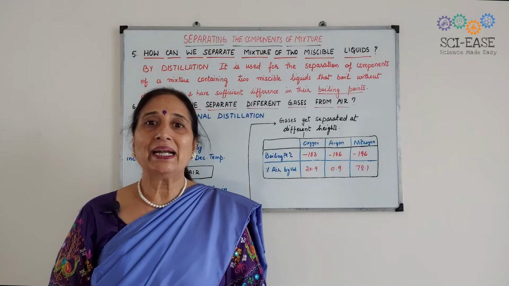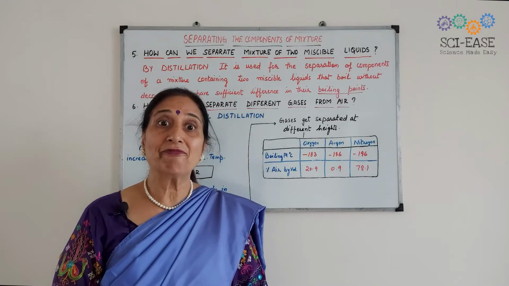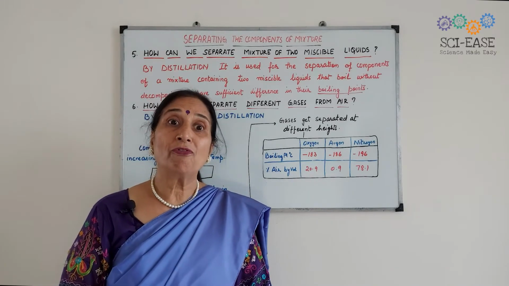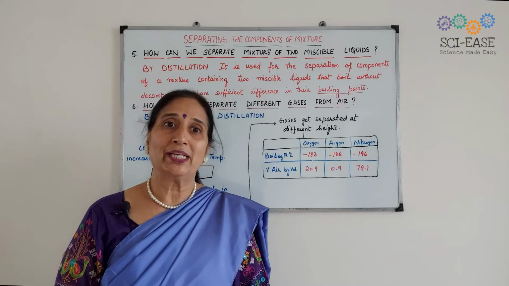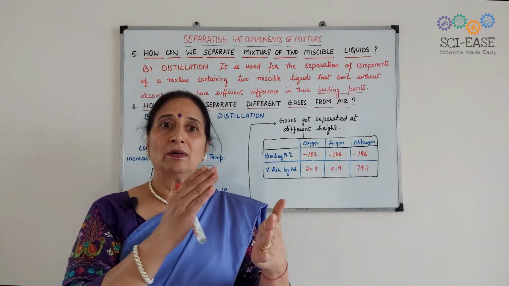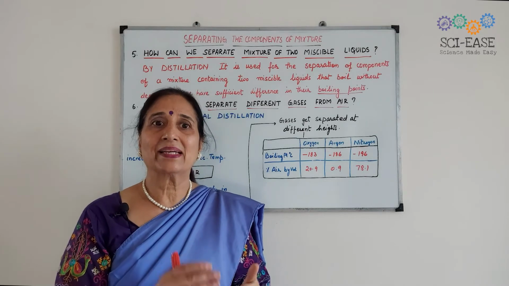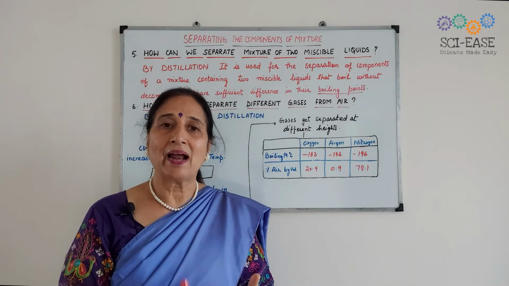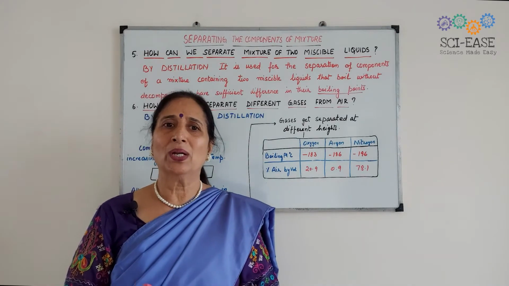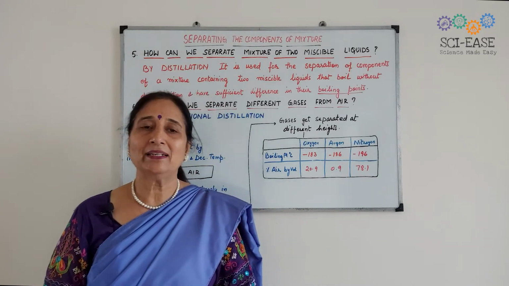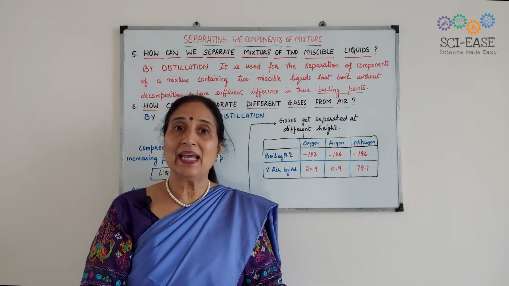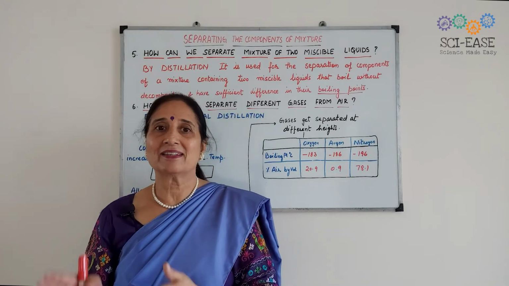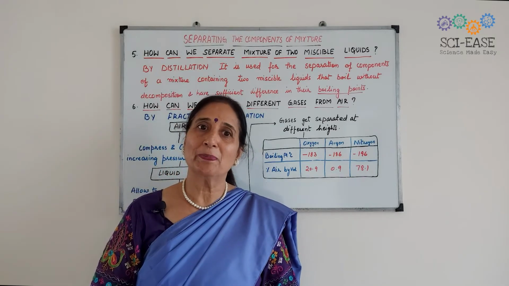You know that when we want to collect different components of crude petroleum, that is petroleum gas, gasoline, kerosene, petrol, and so many things, they are obtained by the fractional distillation method from the crude petroleum.